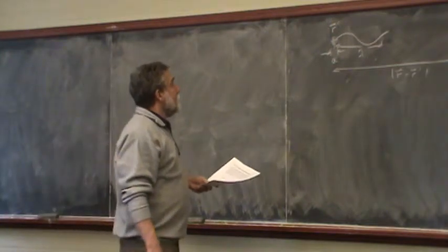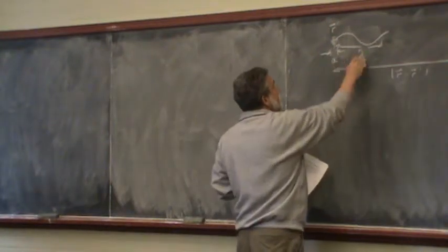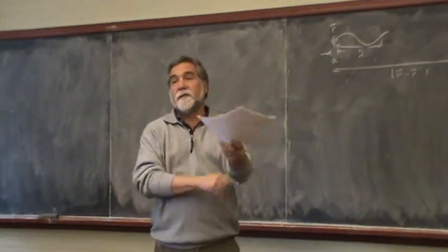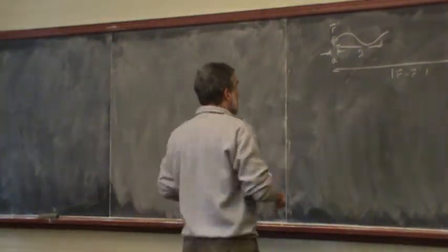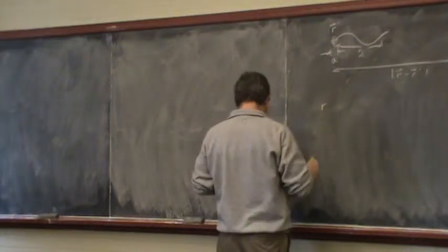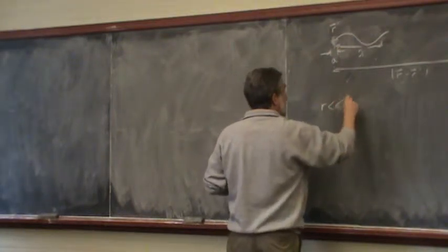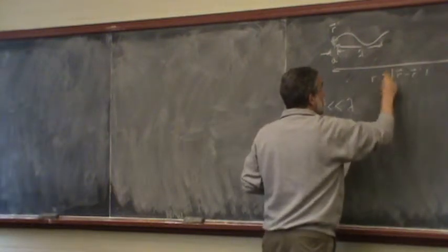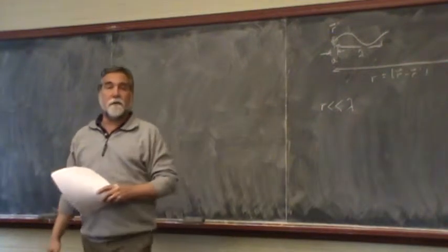In terms of the wavelength, the size of the system, and the distance to observation, there are 3 conditions. One would be R much, much less than the wavelength. Let's call that just plain old R, no vectors.